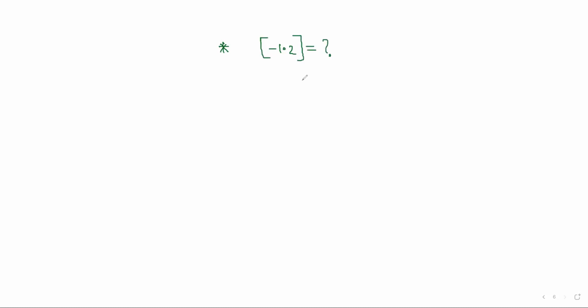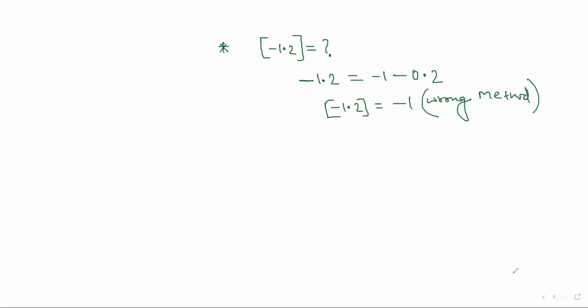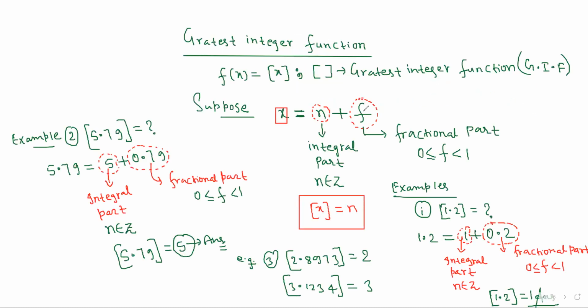You might say minus 1.2 is written as minus 1 minus 0.2, so its GIF is minus 1. But this is the wrong method, because the condition is integer plus fractional.